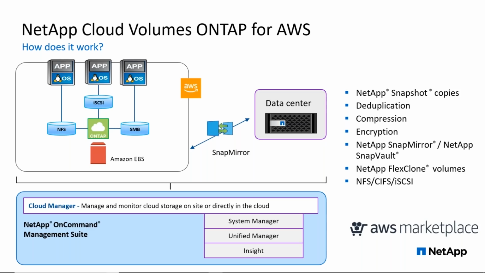Cloud Volumes ONTAP is a virtualization of that same operating system that we use in the on-premises enterprise class storage environments, and we ported that to AWS to be able to run those same kinds of storage efficiencies and the manageability that you get from an on-premises NetApp environment. So what you get with that is the NetApp snapshot. Storage efficiencies, which are deduplication, compression, and compaction, are all in play, helping reduce the footprint of your data that you put into the cloud.